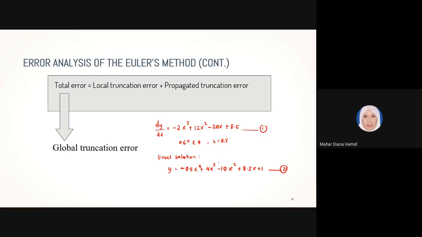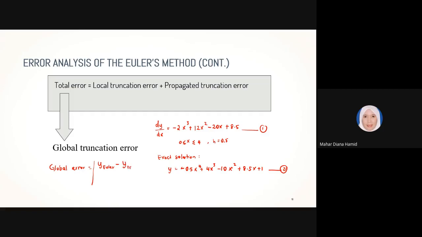So how do we calculate the global error? The global error is the modulus of the y value that we get from Euler's minus the true y value.